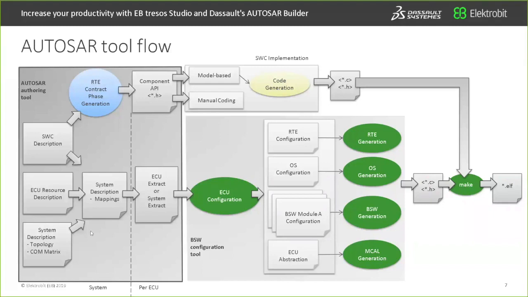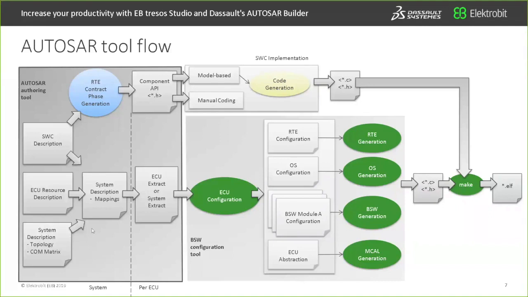Here there are two fundamental parts you need to provide. One is the communication matrix, which you generally get from your partner or from your customer, which you import, or there are also use cases where you need to create at least part of the communication matrix. The other is the ECU topology, which describes your bus clusters and the ECUs which are connected to the buses.